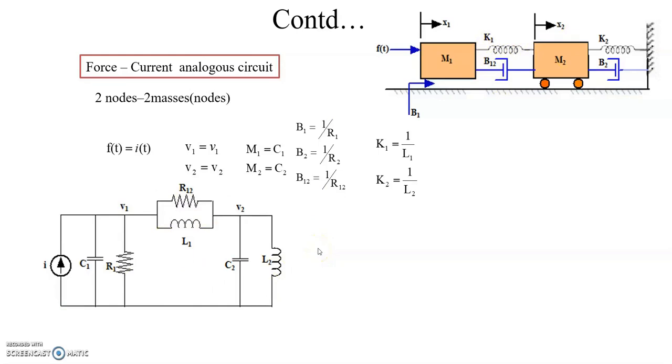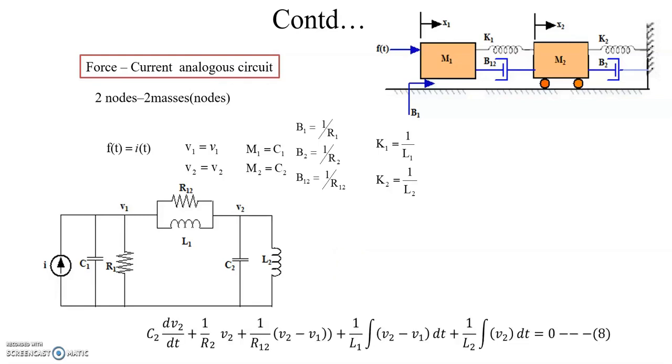Next, the elements K1, B1, M1, B12, K2 and M2 are connected to the second node. Hence they are represented by analogous elements connected to node 2 in the analogous electrical circuit. These are the force-voltage and force-current analogous circuits.